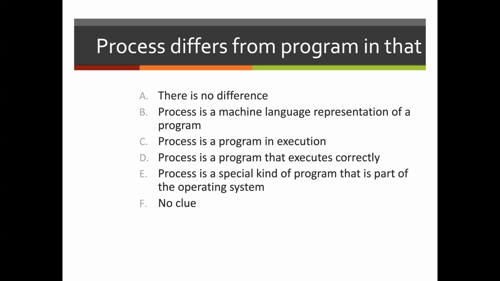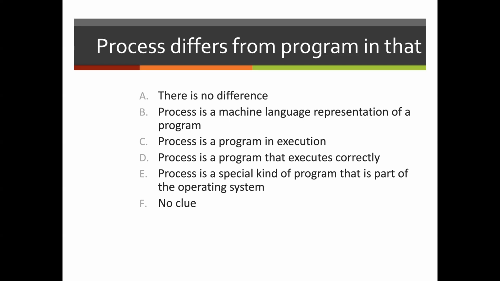And so let's have a little quiz. A process differs from a program in that A, there is no difference. B, a process is a machine language representation of a program. C, a process is a program in execution. D, a process is a program that executes correctly.